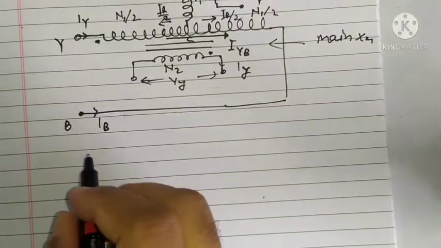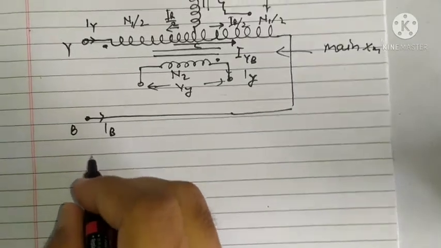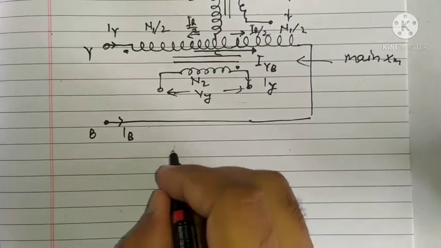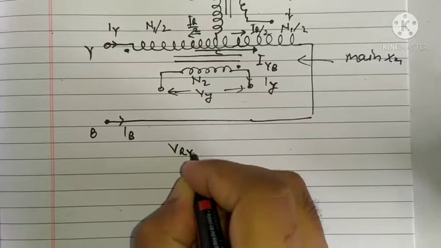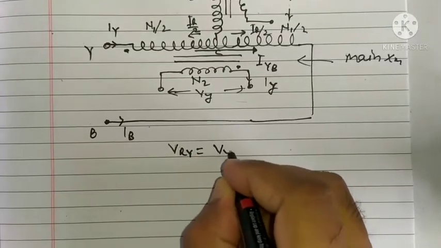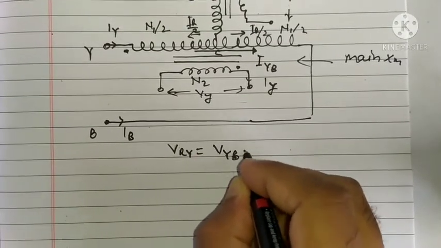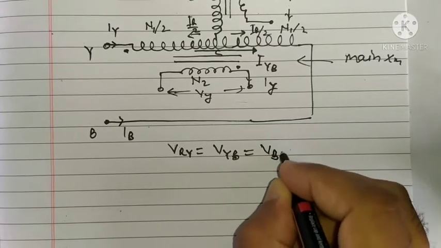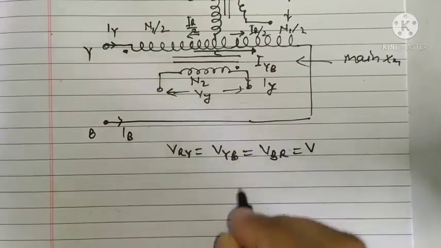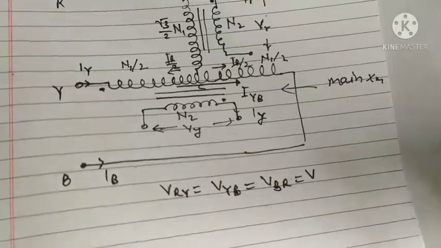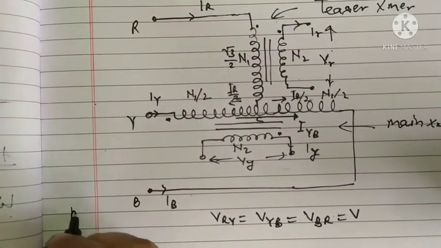Right. So I will take main winding transformer primary voltage as a reference. So we have VRY voltage, which is equal to VYB equal to VBR, and this is line voltage. You can see, what is phase sequence?